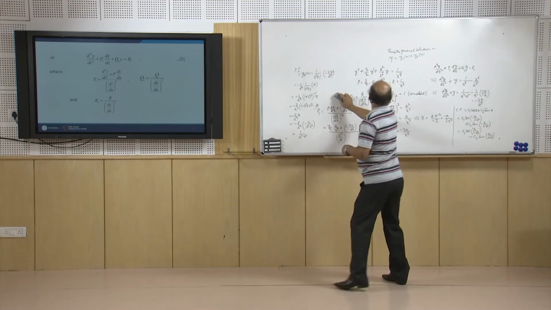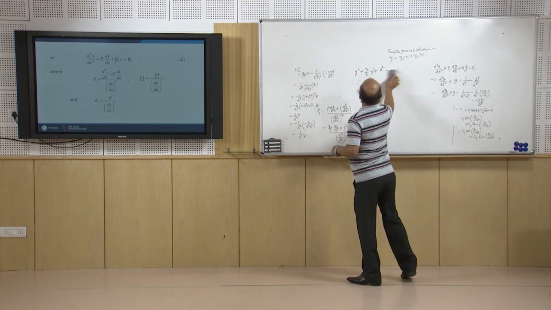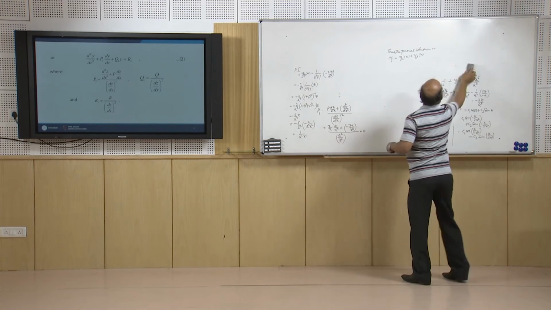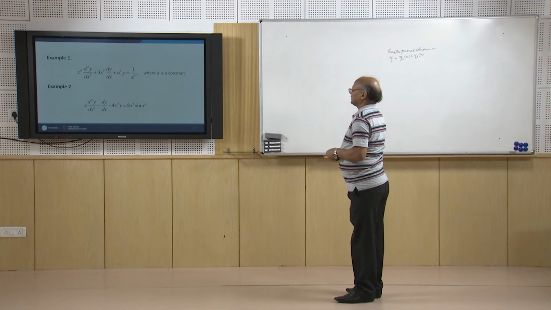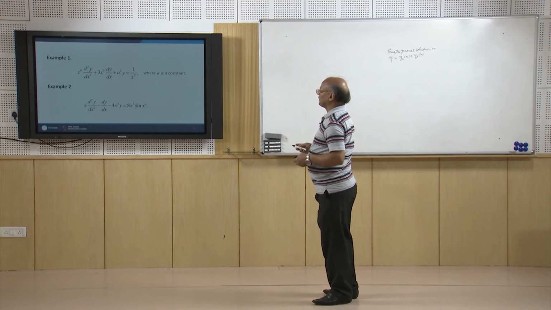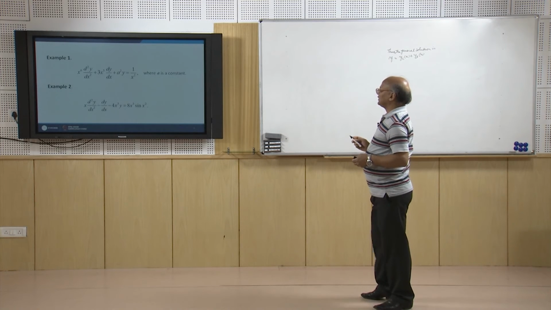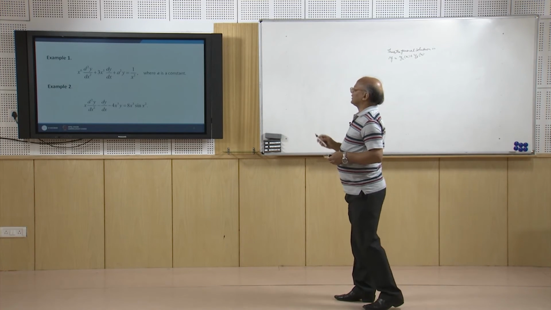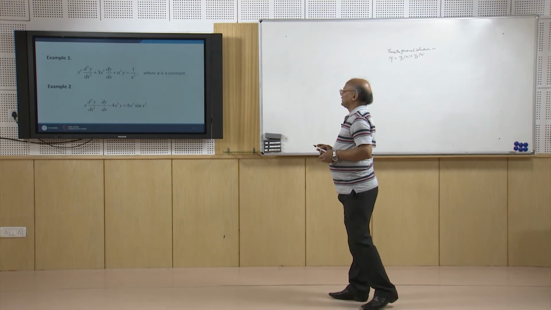Now, let us discuss one more problem on this to make it more clear. So, let us take up another problem here. In example 2, we are given the equation x d square y by dx square minus dy by dx minus 4x cube y equal to 8x cube sin x square. So, again we divide the equation by x to make the coefficient of y double dash unity.